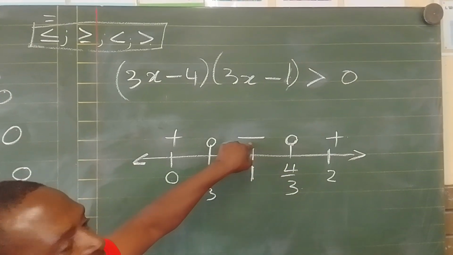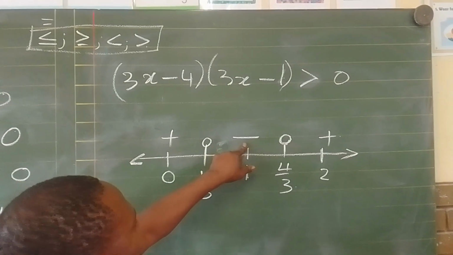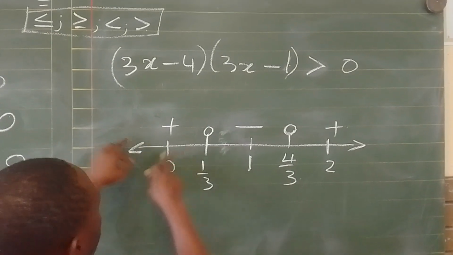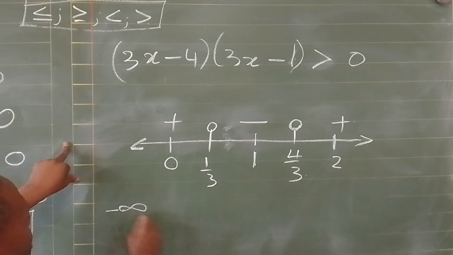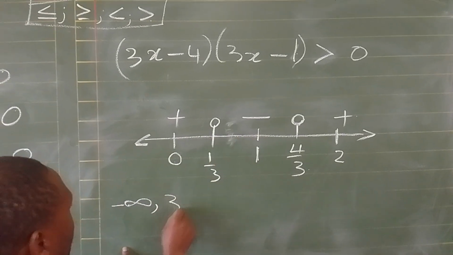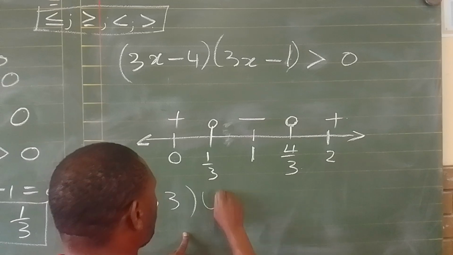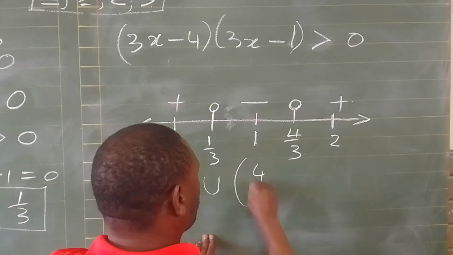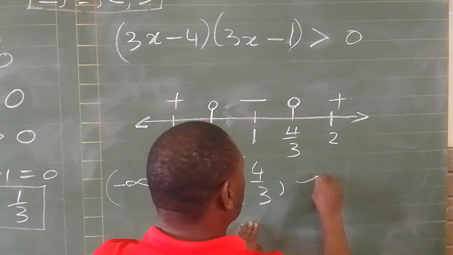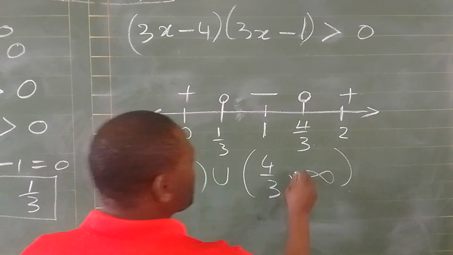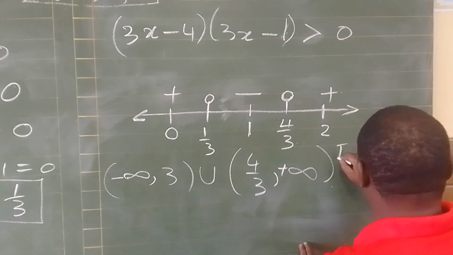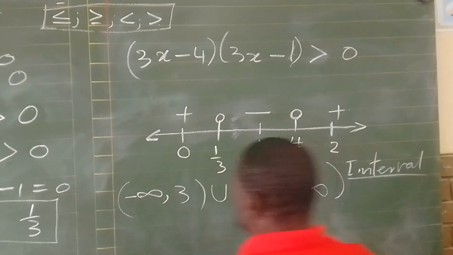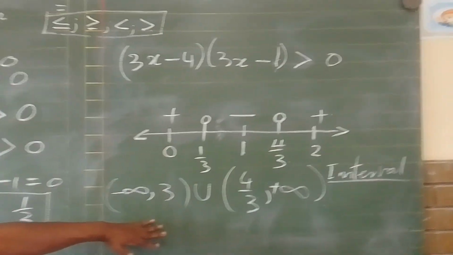A number that is negative is less than 0, it's not greater. So your axis will range from negative infinity to 1/3, union, you start here, 4/3 to positive infinity. This is just an interval. But let's see where the x lies.